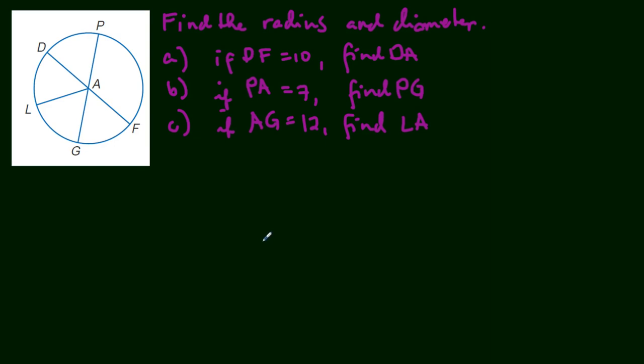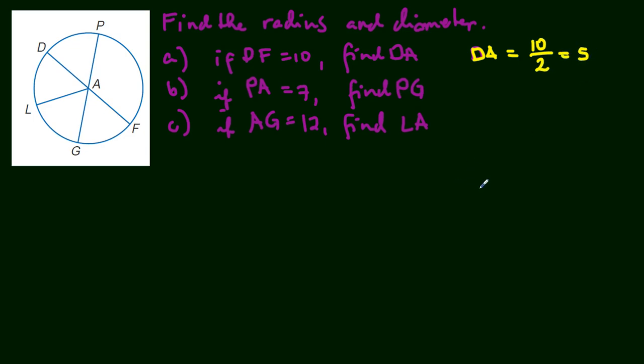If DF is equal to 10, what is DA? DA should be half of it. So we have 10 divided by 2 is equal to 5.